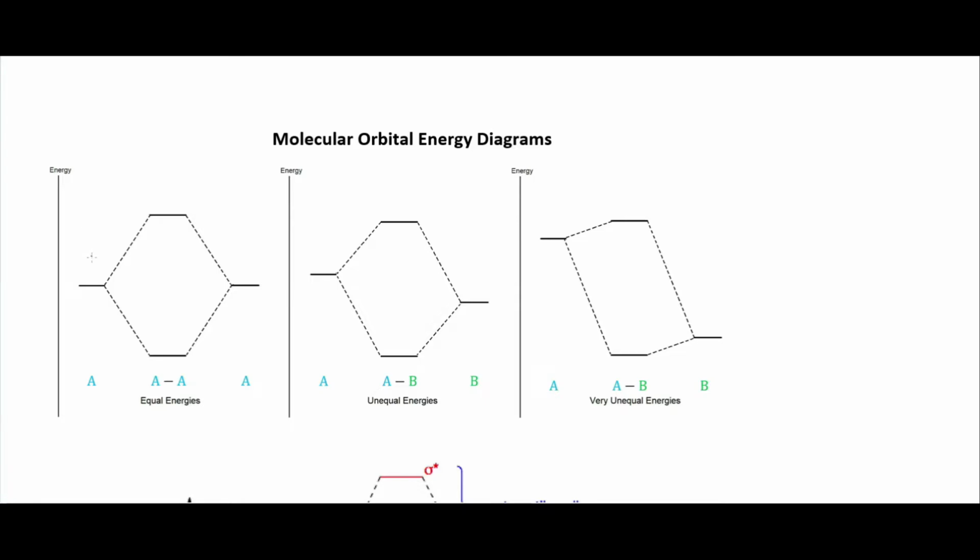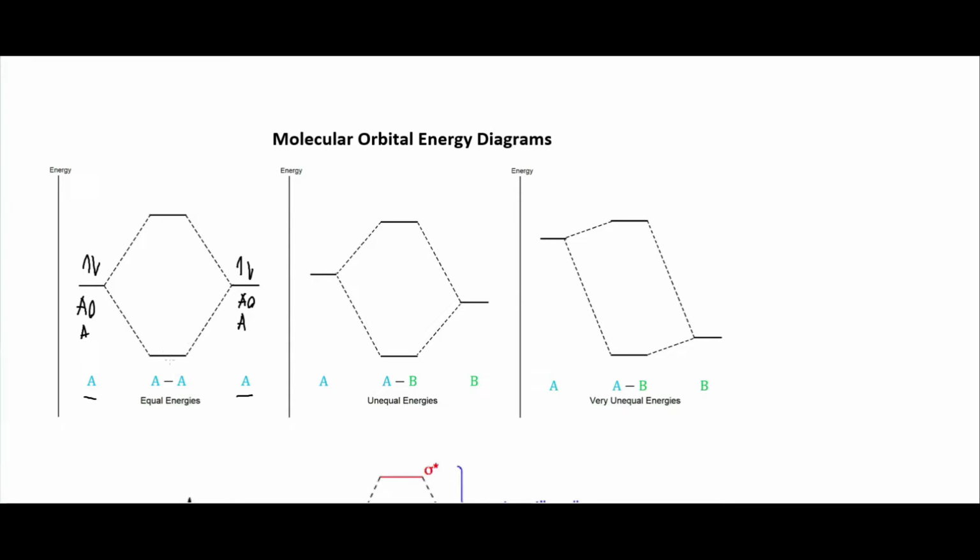And so we are bringing the atom A here and the atom A here together, and so these have equal energies. And so on the left here we have the atomic orbital for atom A, and we have the atomic orbital for this atom A. And so maybe we'd have electrons in here like this, and then in the middle here is where we have the molecular orbitals.